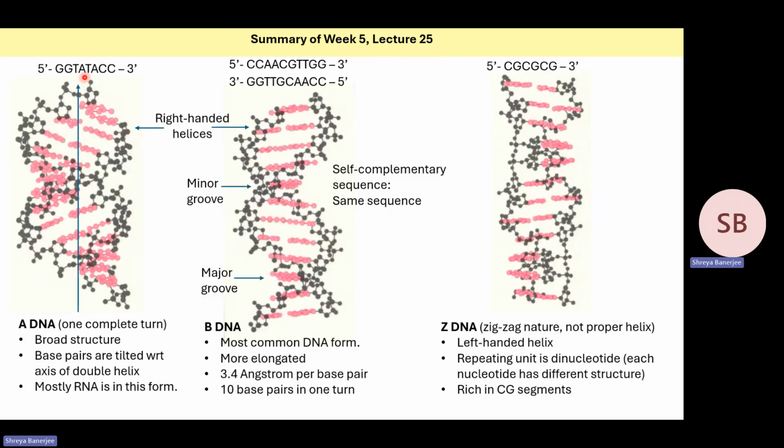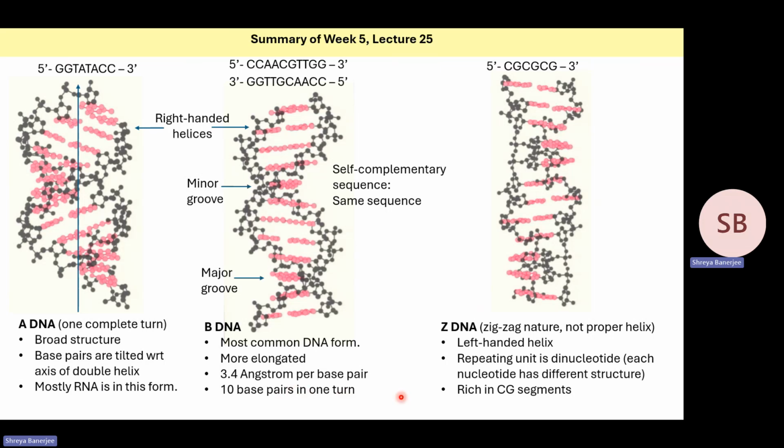You can also have different conformations of the DNA itself. The most common conformation of DNA which we see is called B-DNA, and the rise in the DNA per base pair is 3.4 angstrom. In one turn of the DNA, you have 10 base pairs.